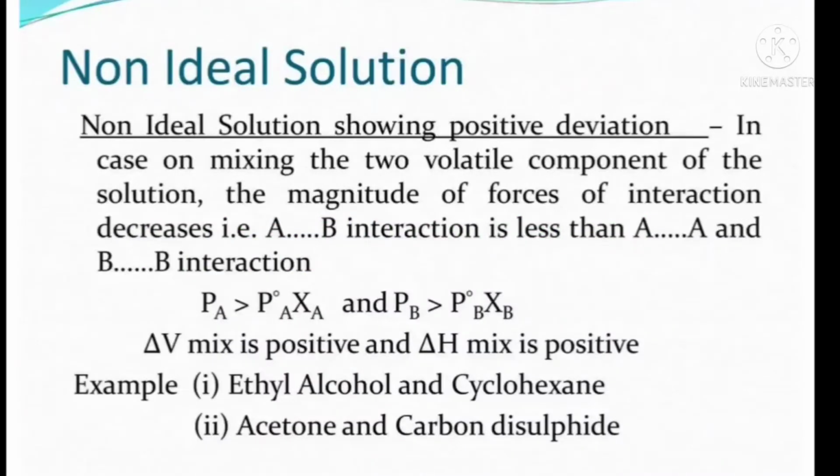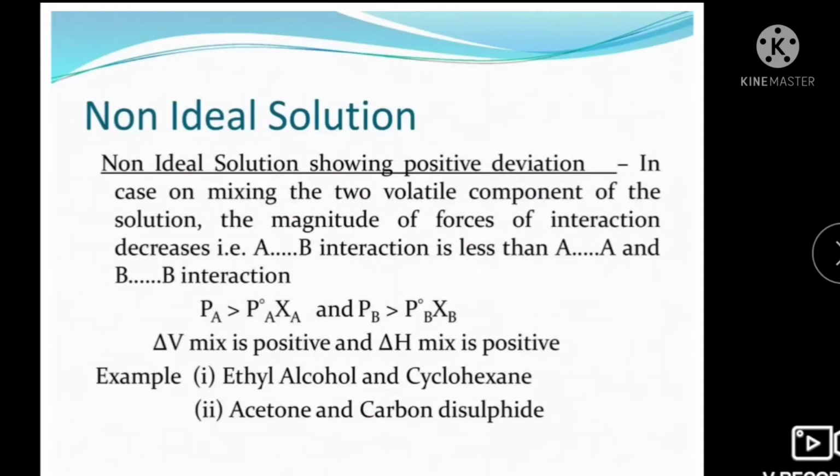Positive deviation. A solution is said to show positive deviation if the measured partial vapor pressure of the component as well as the total pressure are found to be greater than those expected from Raoult's law. In such a case, delta H mixing and delta V mixing will be positive.